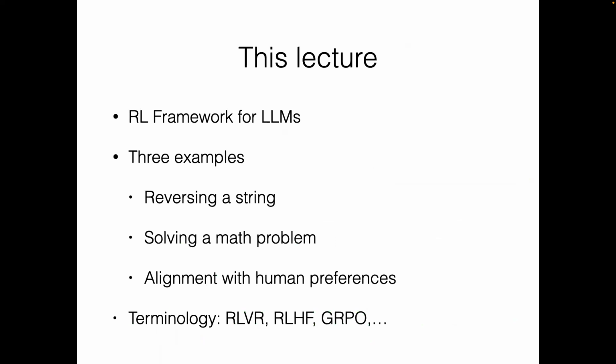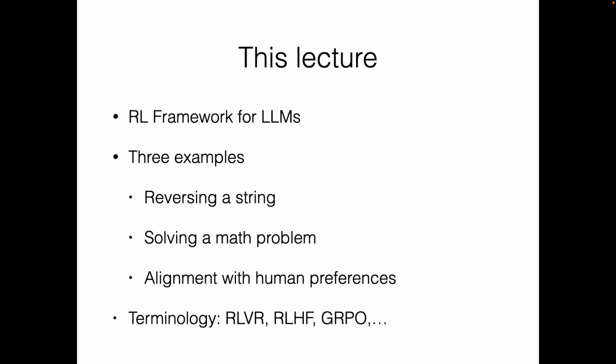Okay, so the way this lecture is structured is to go through three different case studies. And along the way, we're not just going to look at the case study, we'll see important concepts that apply to a variety of ways you could use reinforcement learning for language models. So first, we're going to start with a really simple one, just reversing a string.